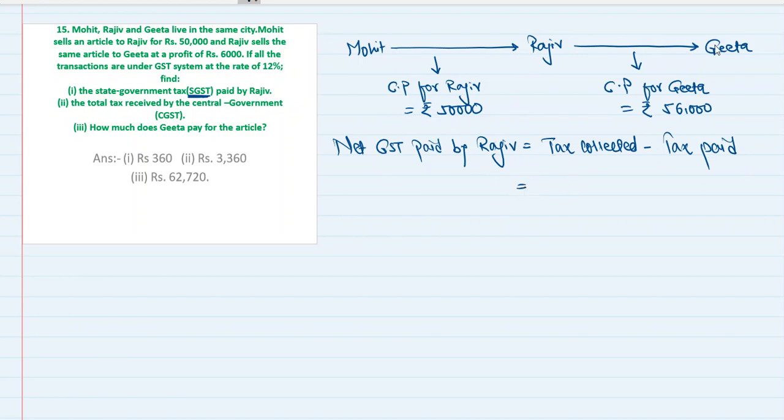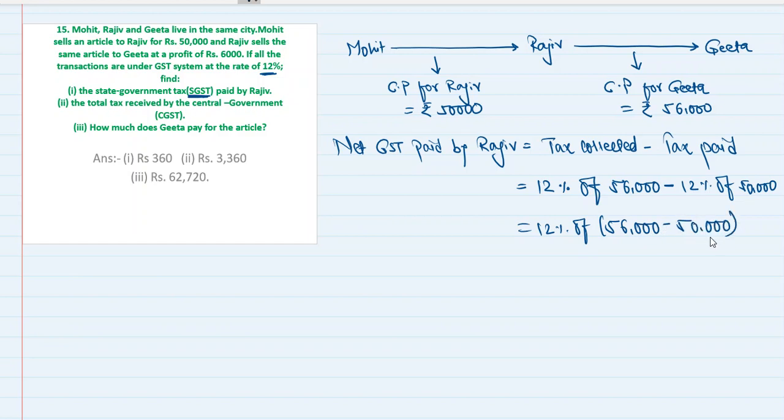So Rajiv will collect GST from Geeta, and that is under 12%. Okay, so 12% of 56,000, because Geeta buys the article in 56,000 from Rajiv, and Rajiv will pay tax to Mohit on 50,000. So that is 12% of 50,000. So that is 12% of 56,000 minus 50,000.